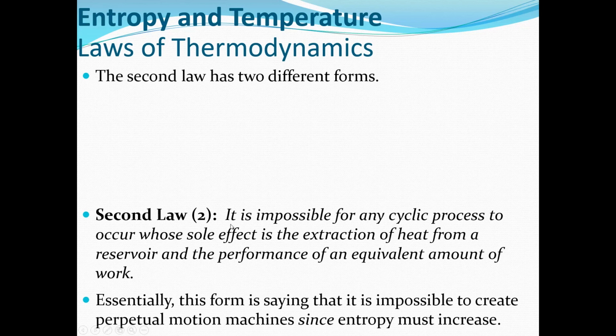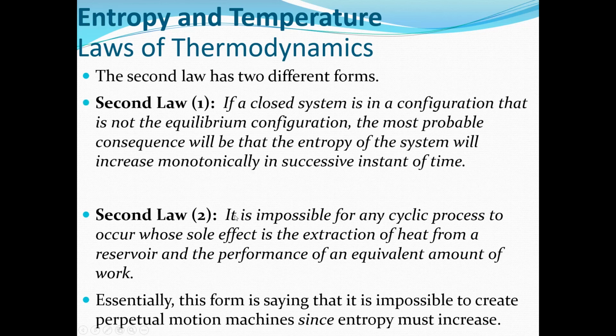Now, the second law has two different forms. The first one is that if a closed system is in a configuration that is not the equilibrium configuration, the most probable consequence will be that the entropy of the system will increase as a function of time.